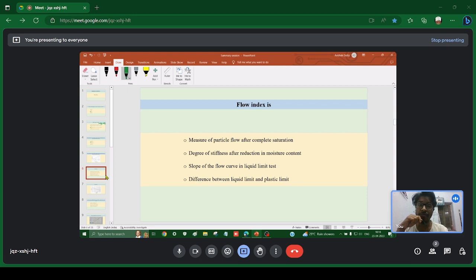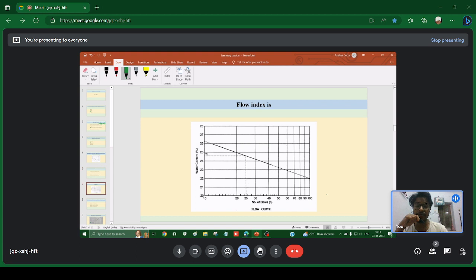That number of blows is then plotted on this graph, number of blows in logarithmic terms against the moisture content. From this graph we can find the liquid limit of the soil, which is the moisture content corresponding to 25 blows.